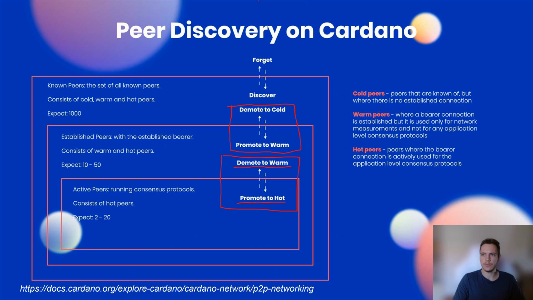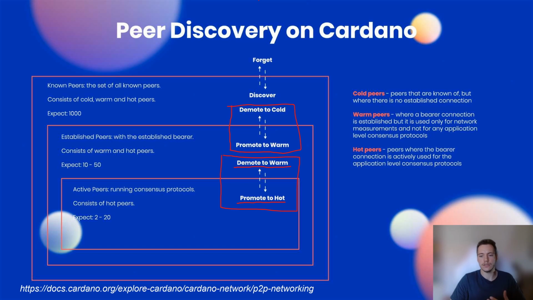Our node is keeping track of which hot peers we seem to get the blocks first from, right? So a hot peer that gives us new blocks before any other peers is a good peer. Conversely, the peers that seem to be the slowest in getting us new blocks are the ones that are going to be the lowest ranked, and therefore they are the ones that are going to be demoted and replaced with warm peers that are going to be promoted to hot.